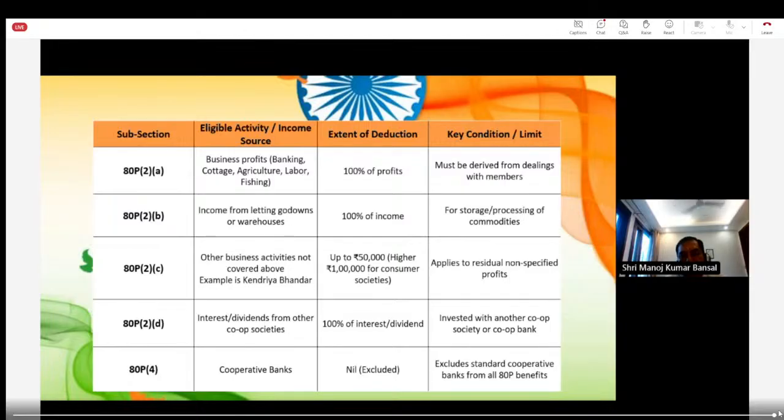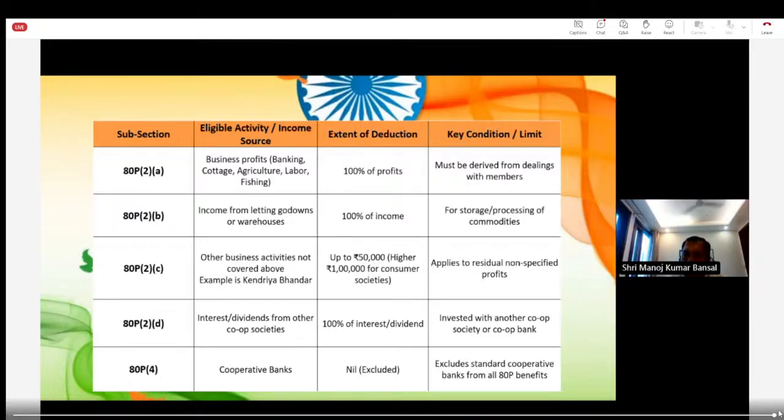80P(2)(b) says renting of godowns or warehouses, deduction allowed is 100%, but that warehouse must be used for storage and processing of commodities.